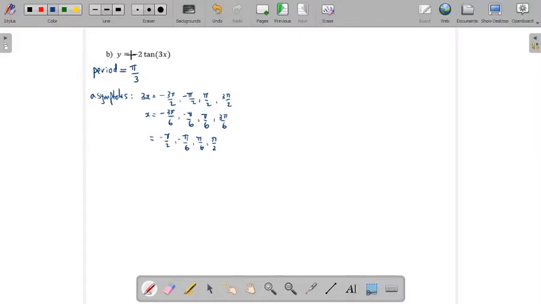The other thing too is that we've got negative 2 at the front, so that means we are reflected in the x-axis. So this time our graph's going to go like that.